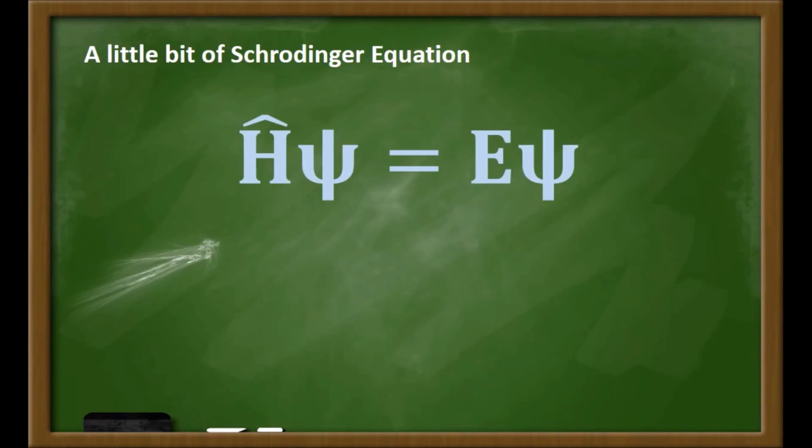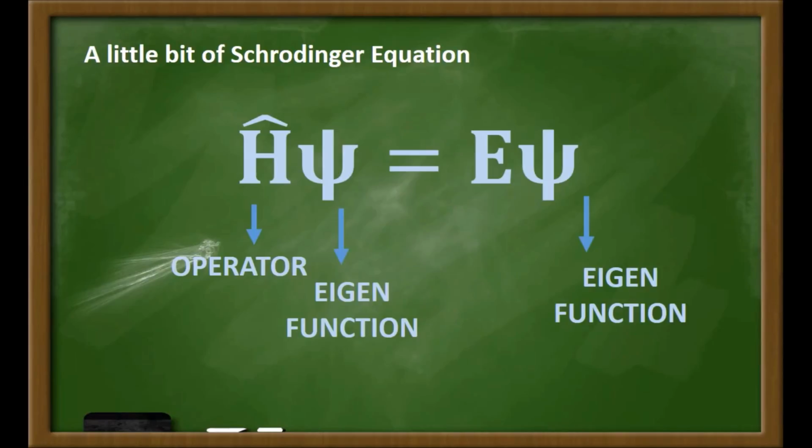Just to be familiar with the nomenclature, we just learned about the Schrodinger equation. The capital H hat is what's called the operator. The wave function psi is what's called the eigenfunction. And the constant, the energy, that's the sought outcome of that equation, is what's called the eigenvalue.